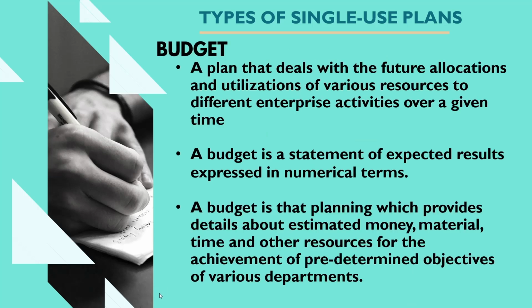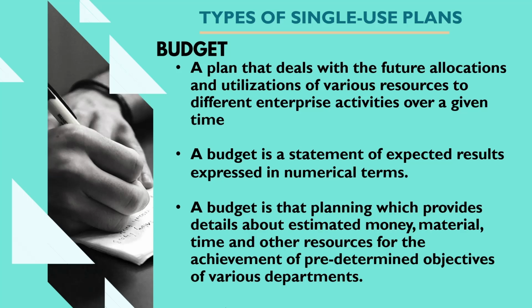And then last type of single-use plans is budget. So, alam naman natin tong budget. Hindi naman siguro first time na marinig itong word na budget. Di ba? You've been budgeting your resources, you've been budgeting your allowance, yung mga kapag meron kayong project, meron kayong tour, sinasabi nyo meron kayong budget for that certain activity.